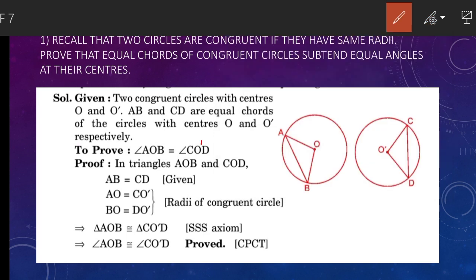So here we have two triangles. It is said that the sides, the radii, are equal.